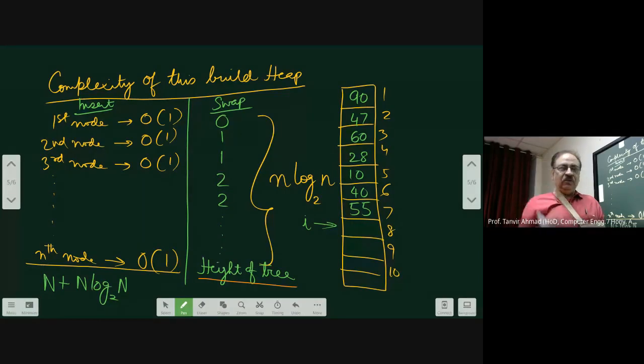Because to insert you require order of 1 plus order of 1 plus order of 1, n times, which is nothing but order of n, plus order of n log n for swapping. Total time will be n plus n log n, which is equal to n log n. And therefore the complexity to build a heap is n log n.